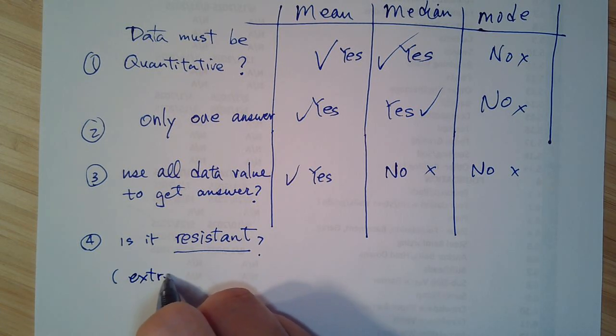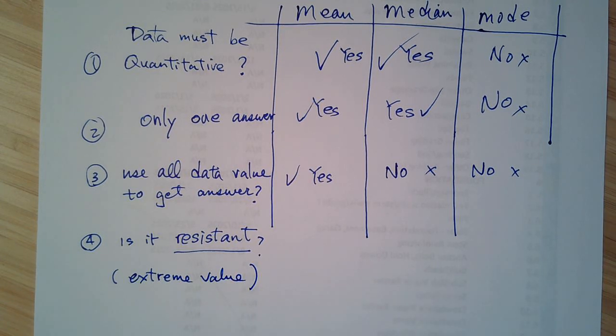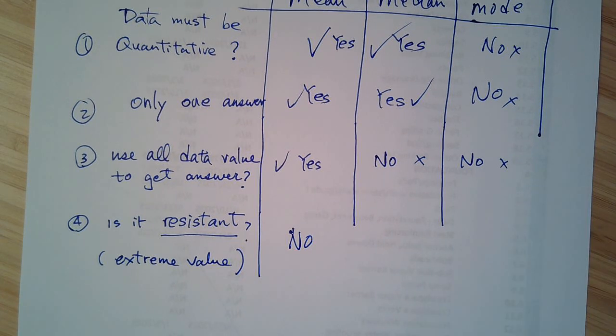Think about extreme values. For mean, the answer is no, because every single number, you change one number, even just a tiny little bit, then the mean changes, right? So the mean is not resistant.